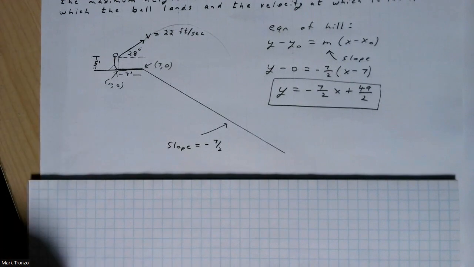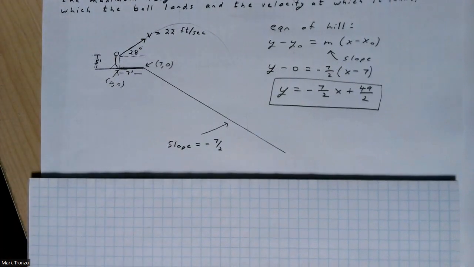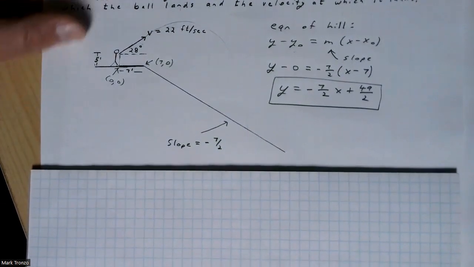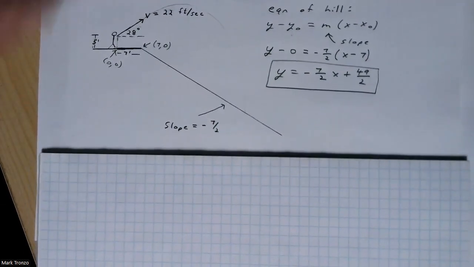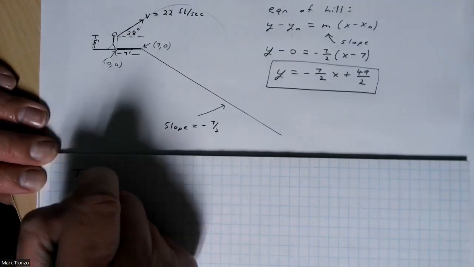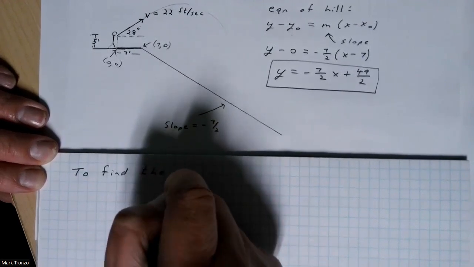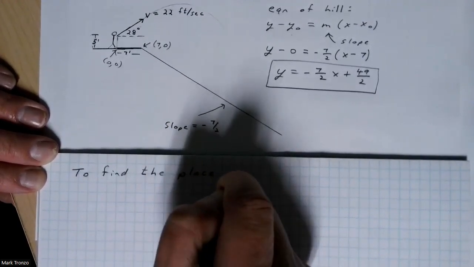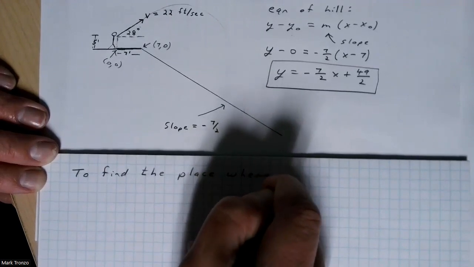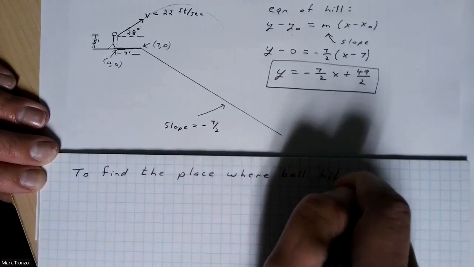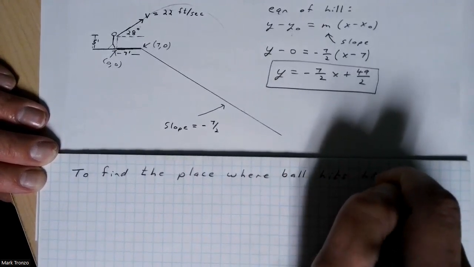Again, the reason we can do it is because we have the equation in terms of x, where y is a function of x. So, find the place where the ball hits the hillside.